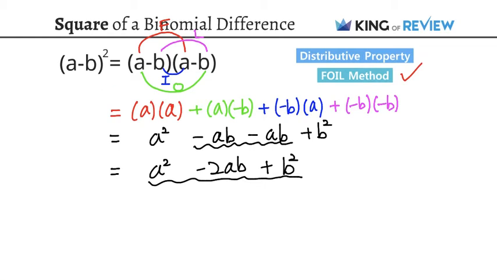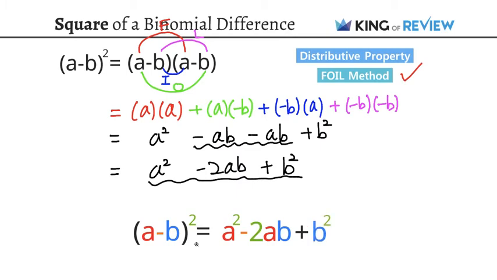Okay, let's summarize this. In general, whenever you have a squared binomial, please do it this way. The first one a minus the last one b, the whole squared, is the first one squared minus 2 times the first one times the last one, and then lastly plus the last one squared.